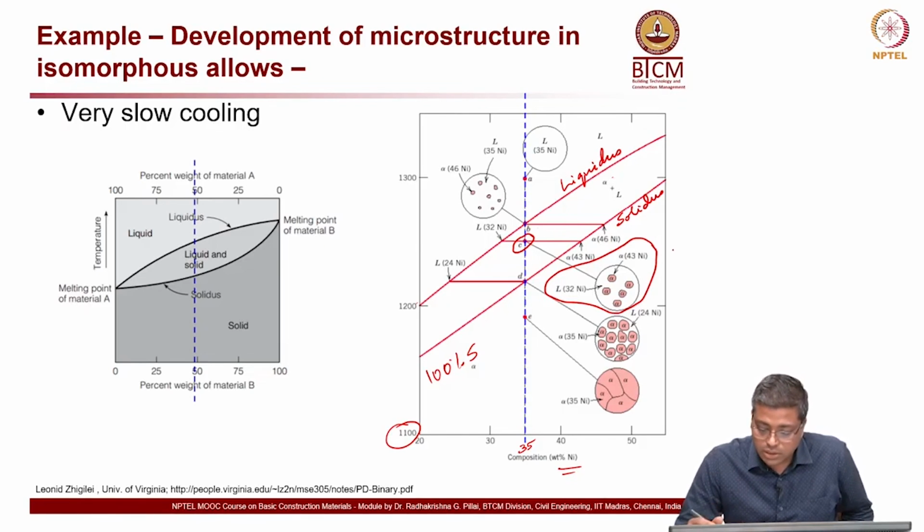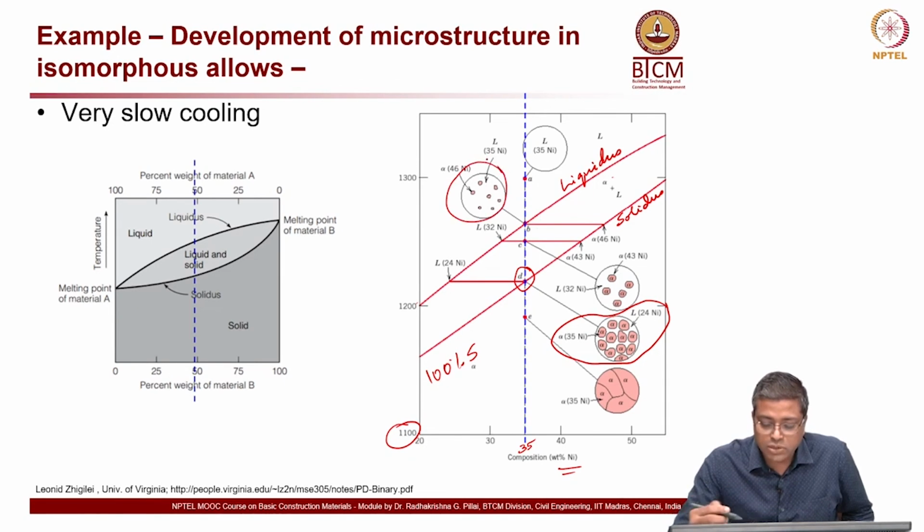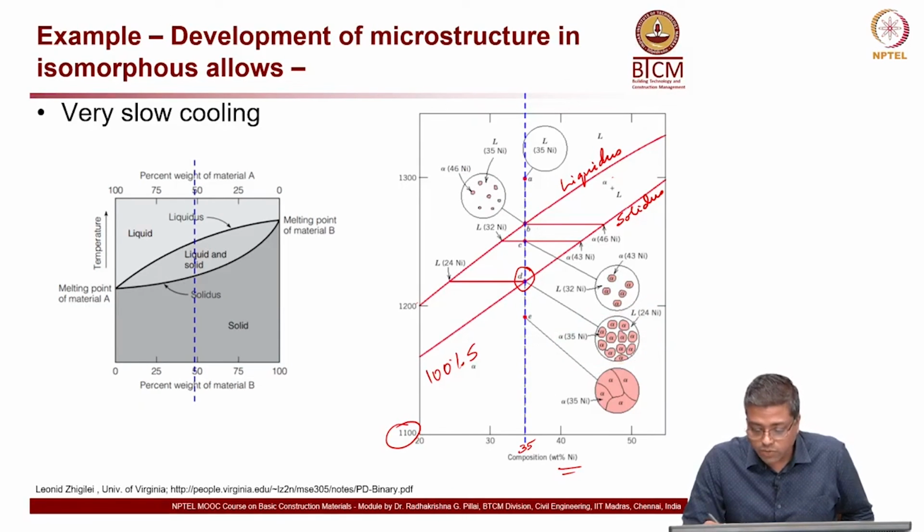So, both are present. Now, as you move towards point D, this is the corresponding sketch, and you can see that the size of the alpha keeps on increasing. Compare with point B, where the alpha is very, very little, and here you have more and more solid phase.